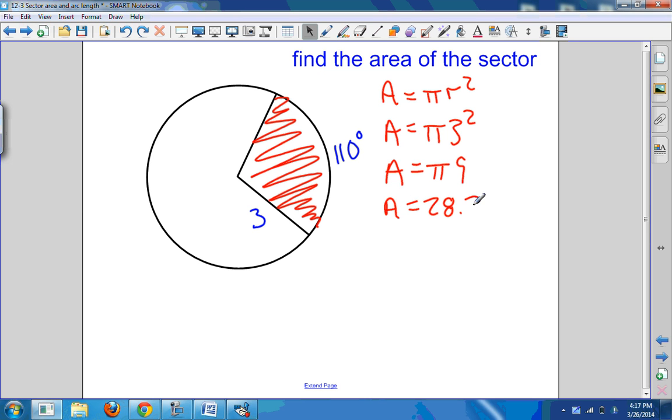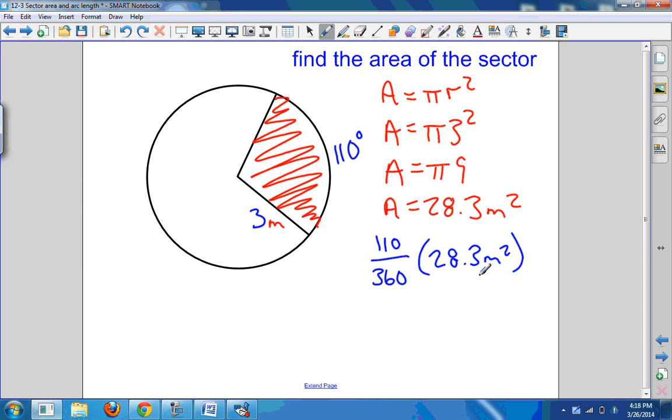So we had meters before, so we'll stick with meters. We'll call this meters squared for the area. So 28.3 meters squared is the whole circle. We only want this little portion of the circle, this 110 degrees of our 360 degrees. So just like before, we're going to look at 110 of the 360 degrees and multiply that by the whole circle.